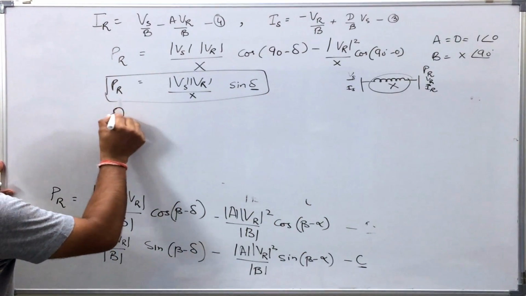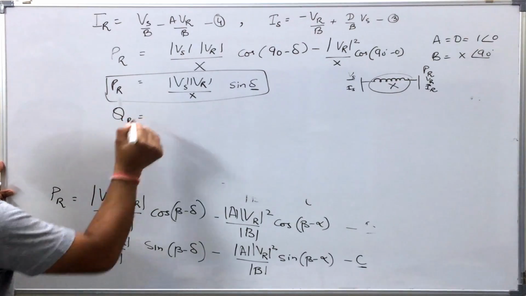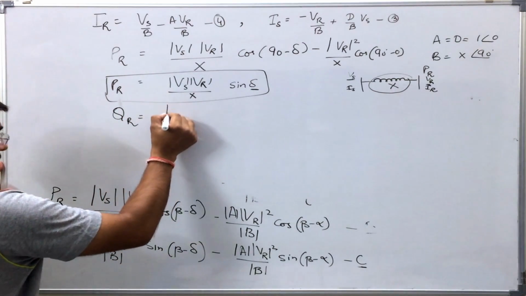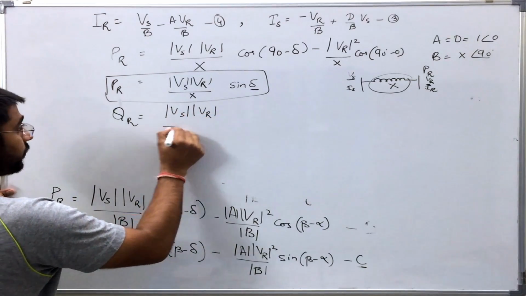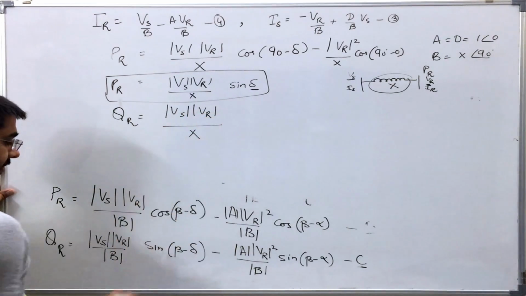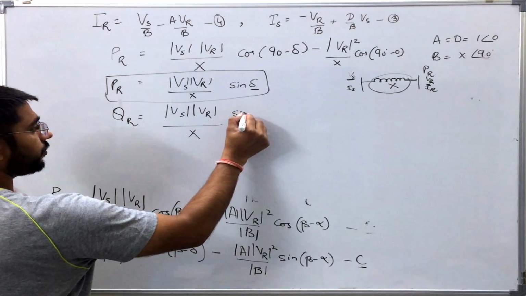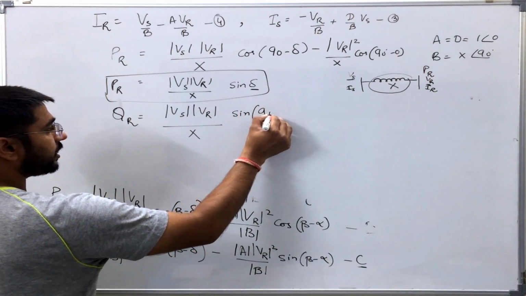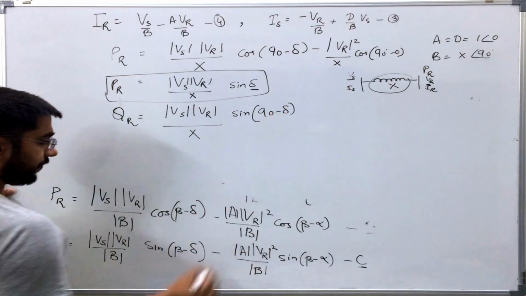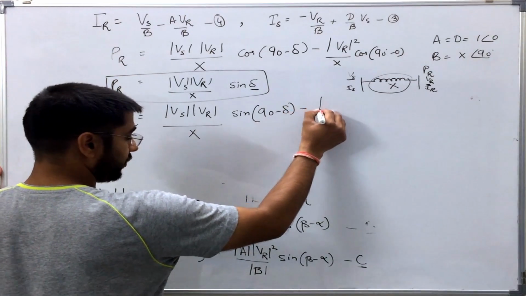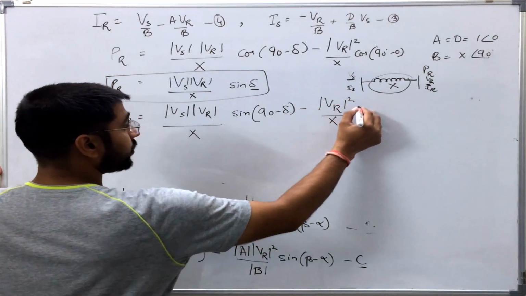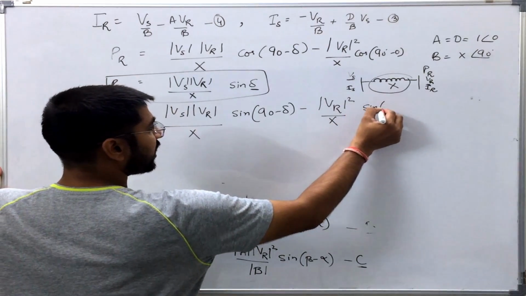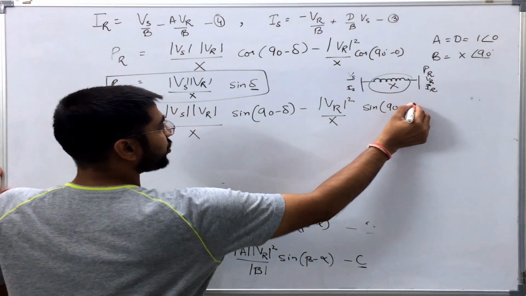So similarly I can find QR equals VS VR over X, sine of beta, which is 90 minus delta, minus VR square by X sine of 90 minus 0.